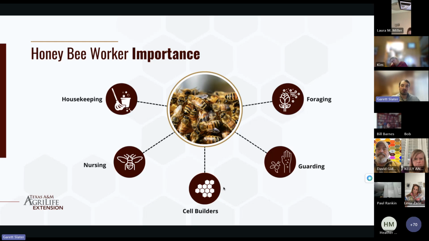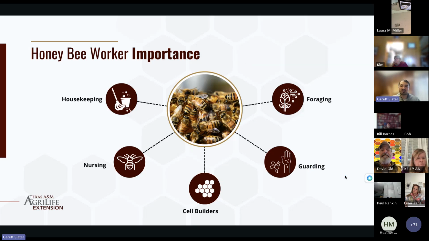These cell builders produce wax, mold it with hands on their head called mandibles, and form these hexagonal cells on that plastic foundation. If you're starting from a top bar colony, they won't use that plastic, but they still need to build that wax to build the hexagon of cells for the queen to lay eggs and for the workers to store nectar and pollen.